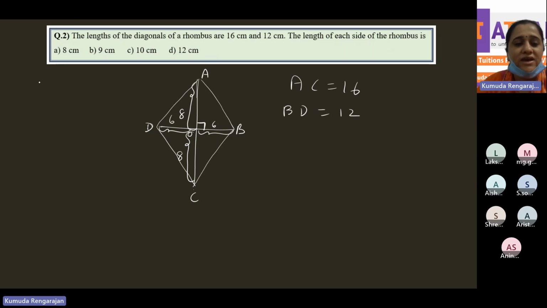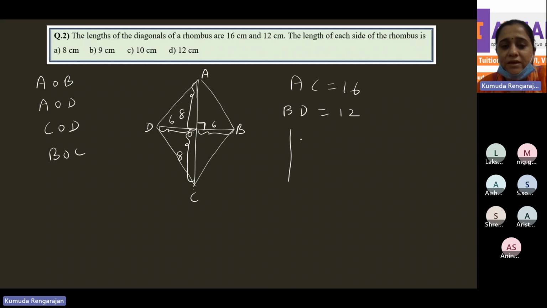The right triangles are AOB, AOD, COD, and BOC. Take up any one of the 4 right triangles. Supposing you take up AOB, we know that this is 8 and this is 6.